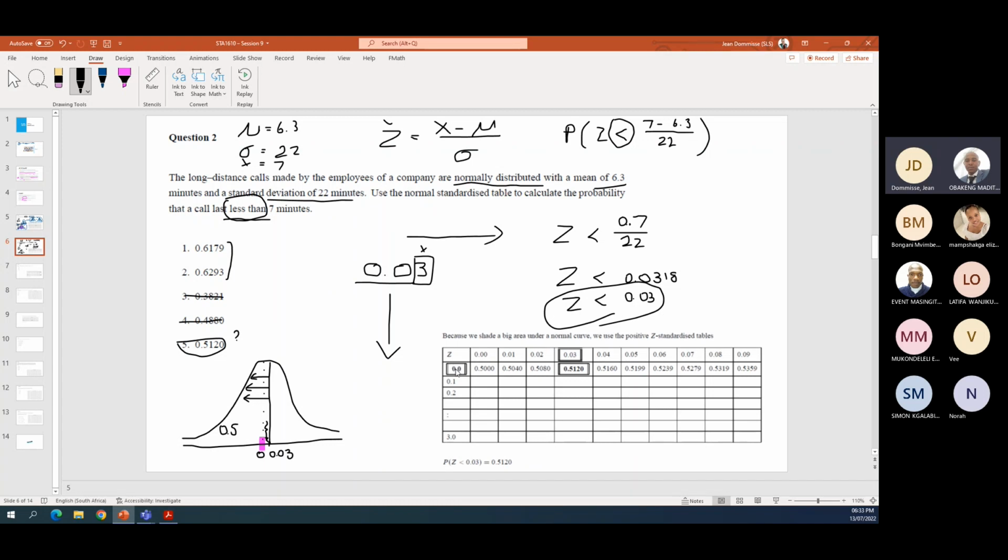So 0.0 across 0.03, and there we have the 0.5120. So yes, a bit more than the 0.5, but not those bigger ones. So it is the 0.5120. Again, we'll go through a few more of these so that you can just get the hang of it.